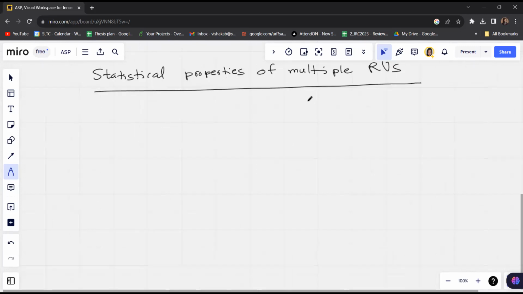When we are looking at random variables, random variables are a way to define outcomes of a random experiment using real numbers, right?